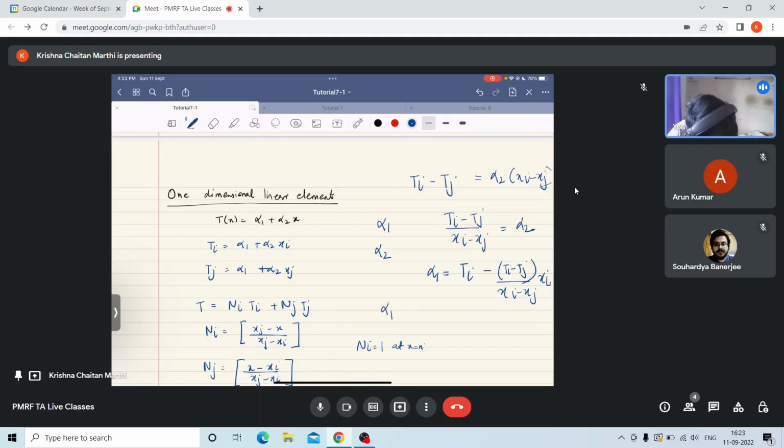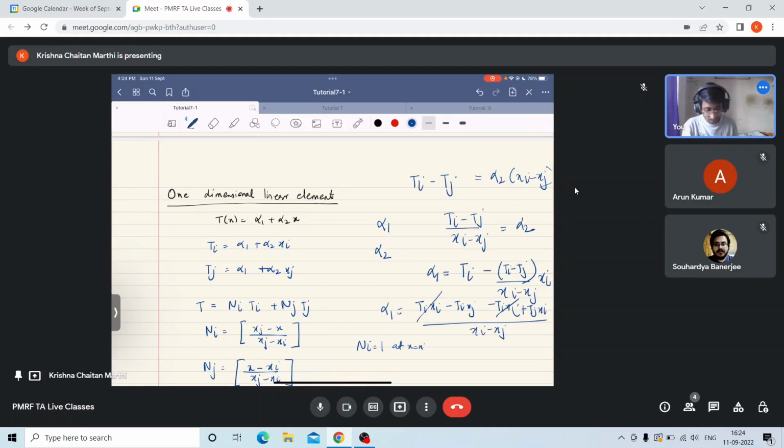So alpha 1 will be equal to Ti xi minus Ti xi plus Tj xi, divided by xi minus xj. So this will get cancelled out.